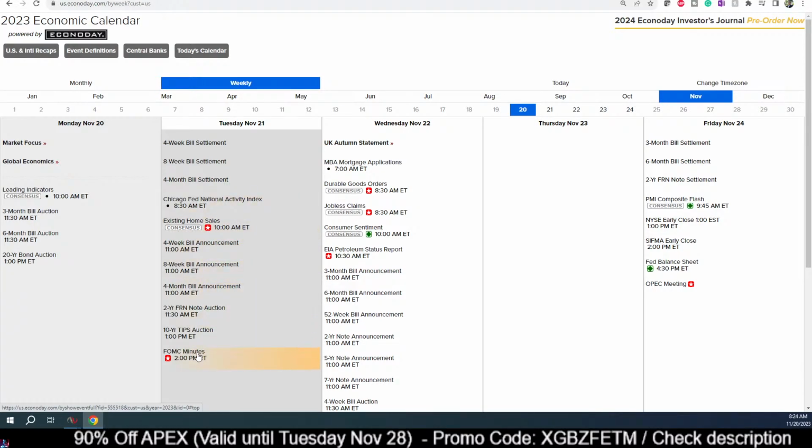This week is going FOMC meetings at 2. Okay, and then you have durable goods at 8:30. So with this FOMC meeting, there's probably going to be some choppy range during the day today. And at 8:30 on Wednesday, those are the only big news we do have here, and we do have crude inventories at 10:30 on Wednesday.